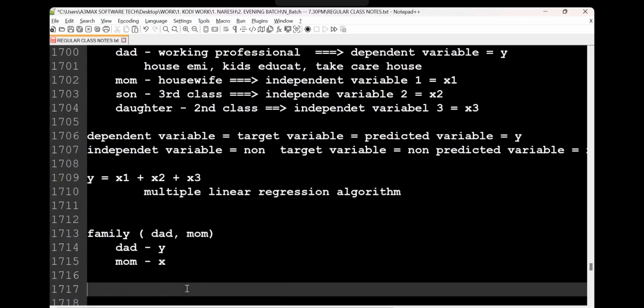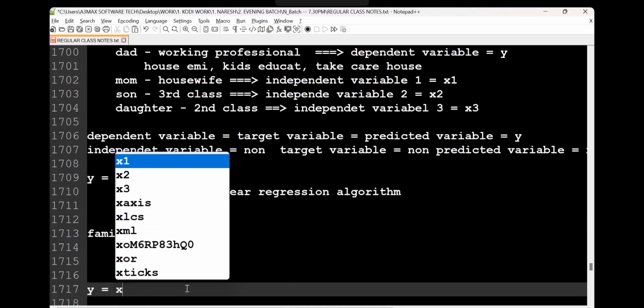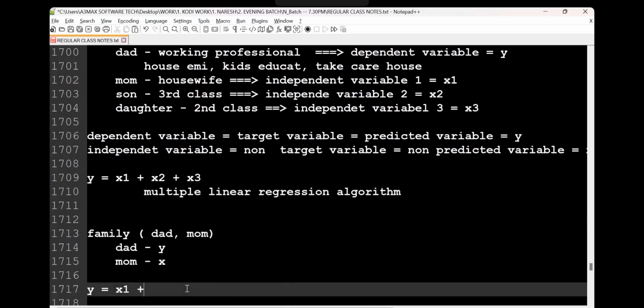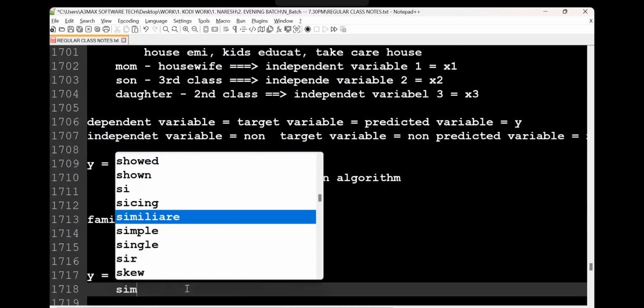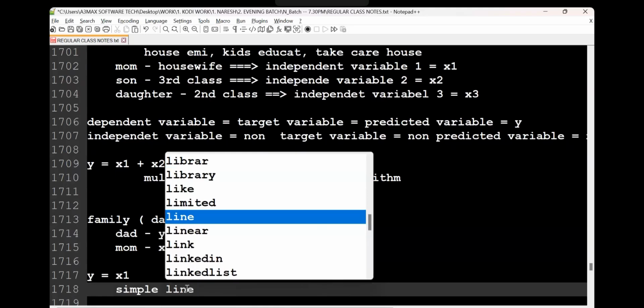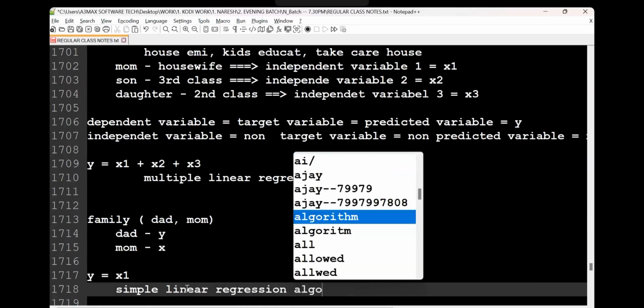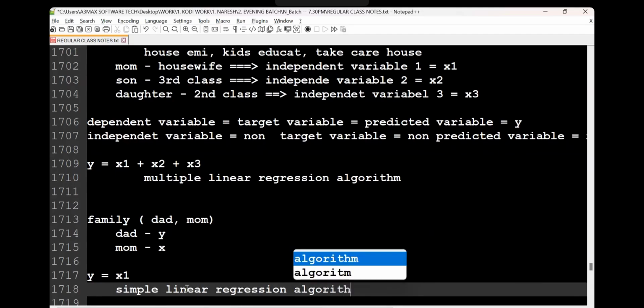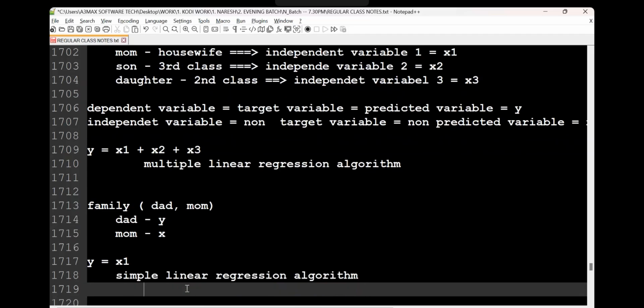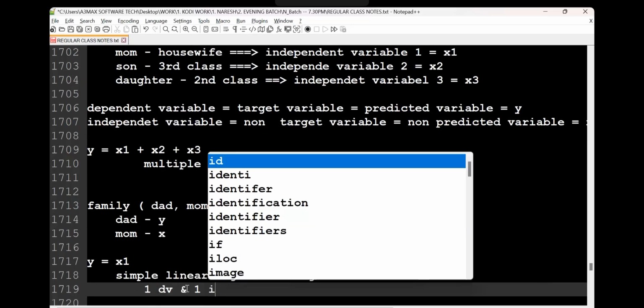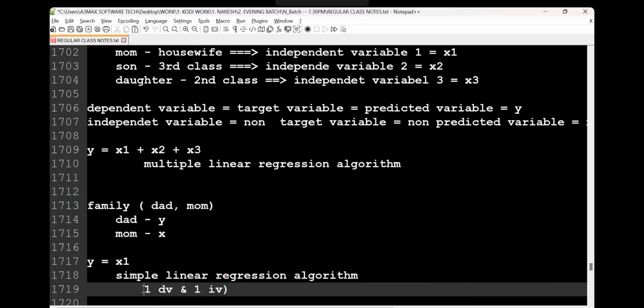So what equation can I create now? Y equal to x1 plus c. I will tell you where the c comes from. This concept is called the simple linear regression algorithm. In the simple linear regression algorithm, we use one dependent variable and one independent variable.